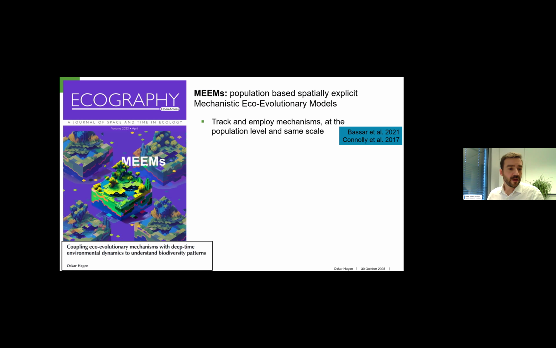So basically, MEMEs, or this class of models, model individuals implicitly. So the explicit units are populations. And the models explicitly apply eco-evolutionary components that are acting at the same spatial and temporal scale at this population level.